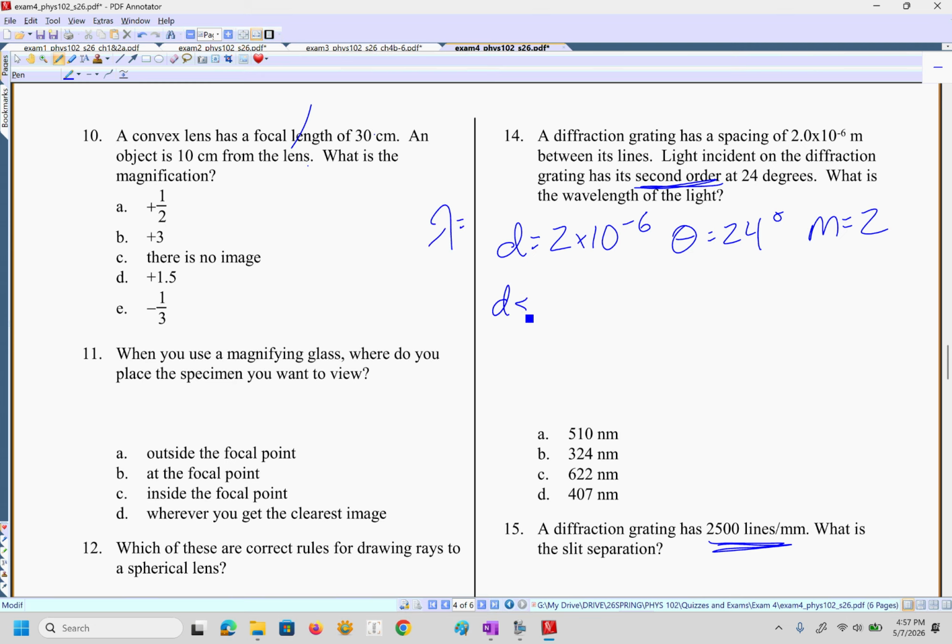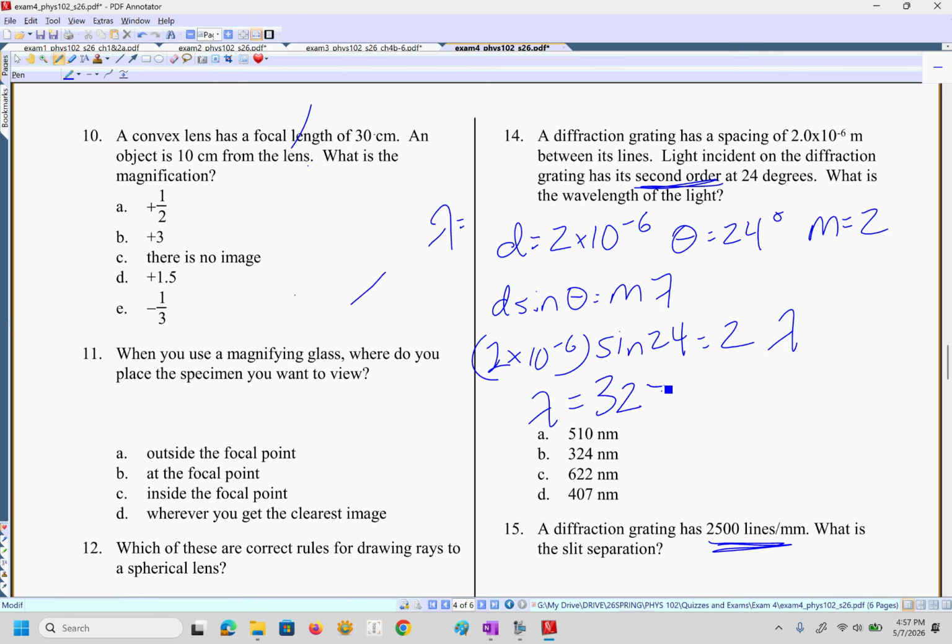So I say D sine theta equals M times lambda. That's 2 times 10 to the minus 6 sine of 24 equals 2 times lambda. And I solved that for lambda. I don't remember what that answer was. Was it 324? Yeah, so that's equal to 324 times 10 to the minus 9, 324 nanometers.